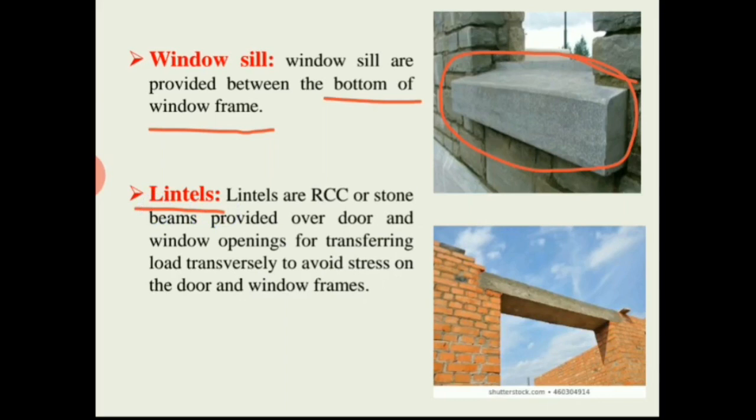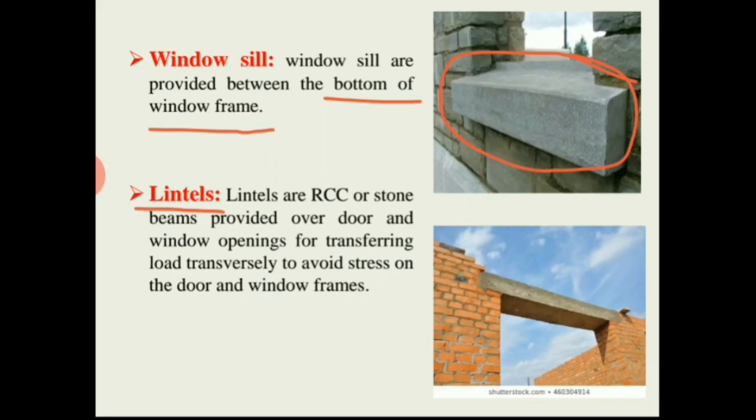So why do we provide lintel in a building? The actual frame of door or window is not strong enough to support the weight of wall above the opening. Hence, a separate structural element is provided over the door or window opening, known as lintel.